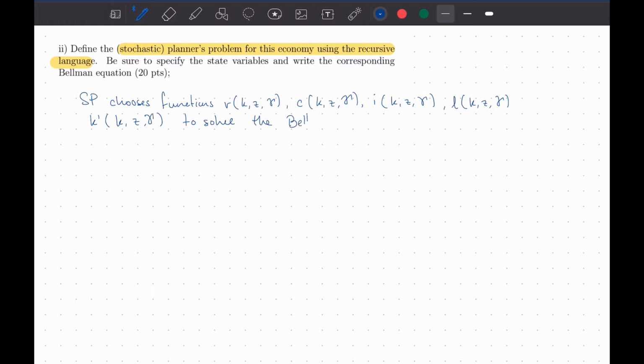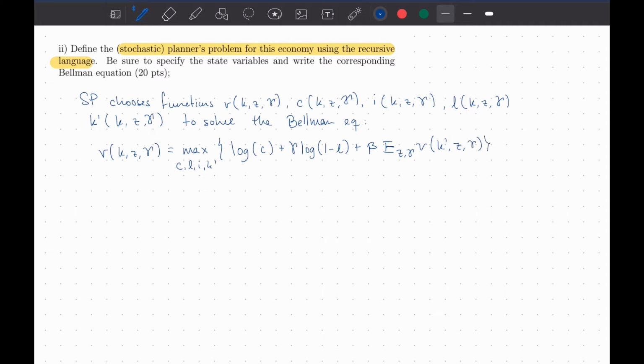To solve the Bellman equation, well, the value function V(K, Z, gamma) is equal to the maximum over C, L, I, K prime of the utility function, log C plus the shock times the log of leisure, plus the discount factor times the conditional expectation of the realizations of those shocks with the value function evaluated at the optimal choice of capital and the shocks.